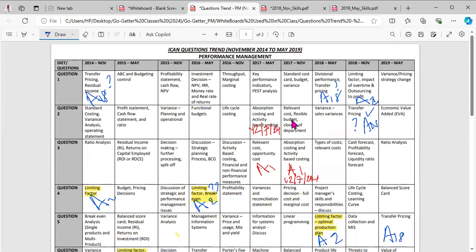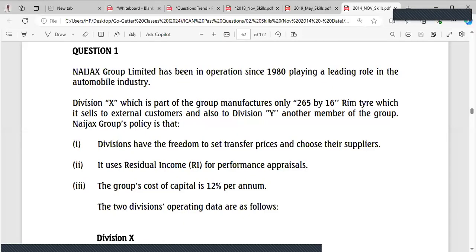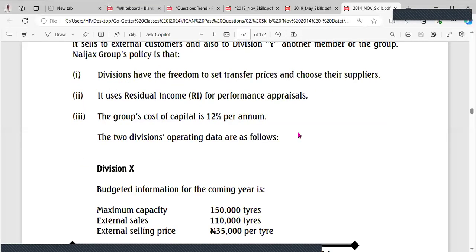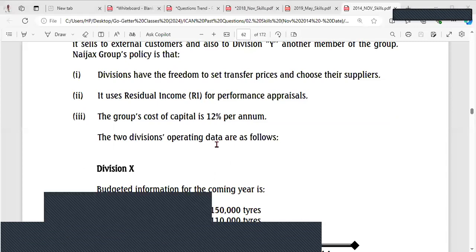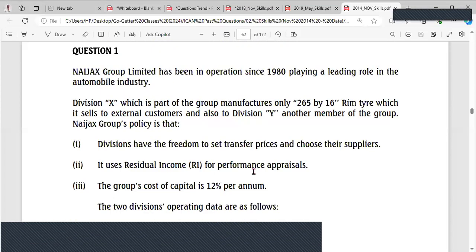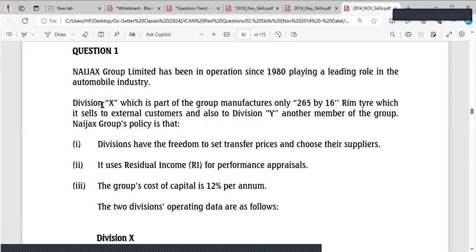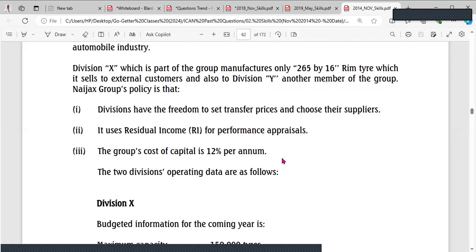2014, question number 1 is still talking about divisional performance. The group's cost of capital is this, 2 divisions operating at this.